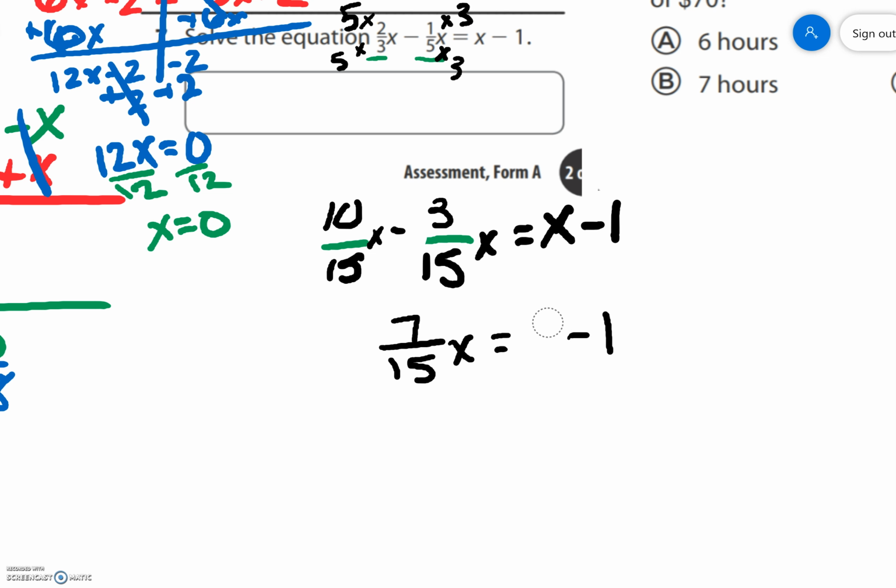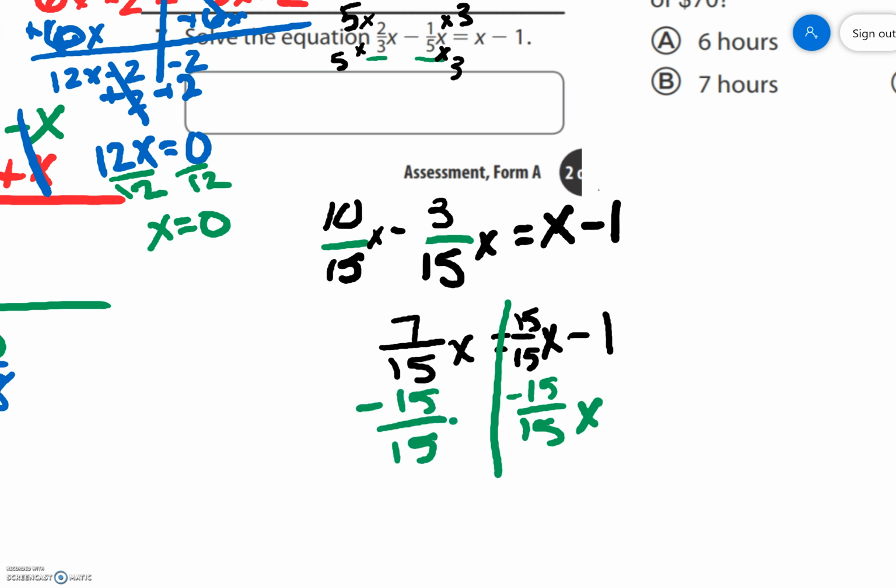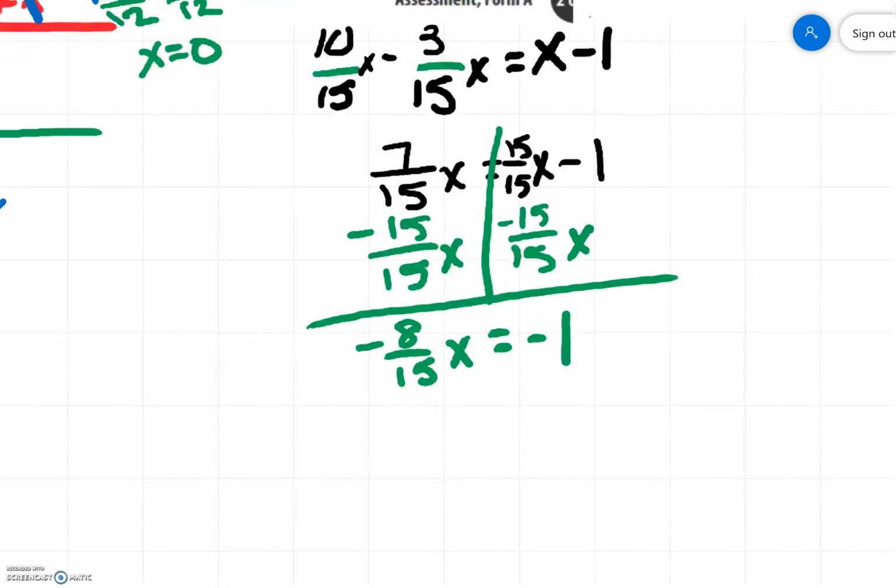Now, instead of just plain x, I know that's 1x, so I'm going to put 15 over 15x, because I need to put my x's together. So I'm going to subtract 15 over 15x from both sides. 7 minus 15 gives me negative 8 15ths x equals negative 1.